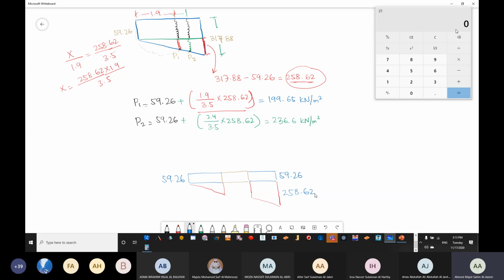Can you tell me how much is here? How much is P2? P1 and P2. P1 was calculated as 199.26. P2 has been calculated as 236.6.